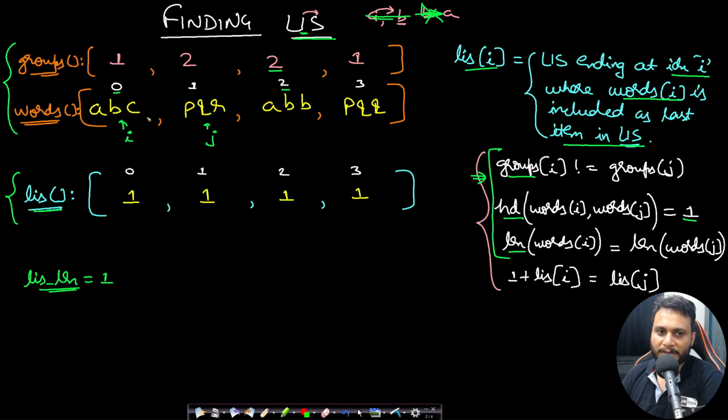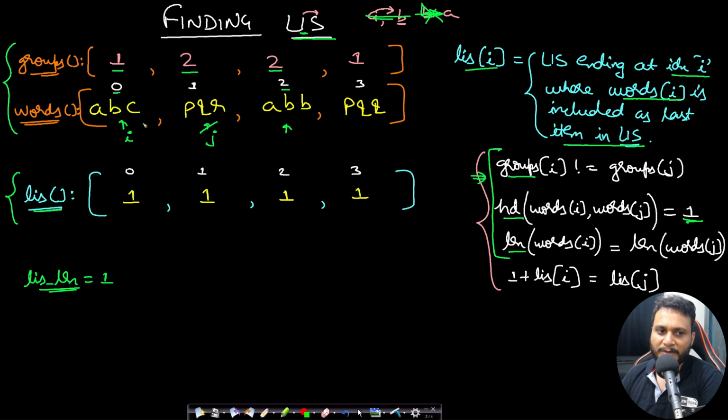So is it possible? Well, they are belonging to different groups, that is fine, but their Hamming distance is 3. ABC, PQR, they are differing at all the corresponding positions. So since their Hamming distance is not 1, this first index item cannot be appended after the 0th index item, and we have to check for the second index item.